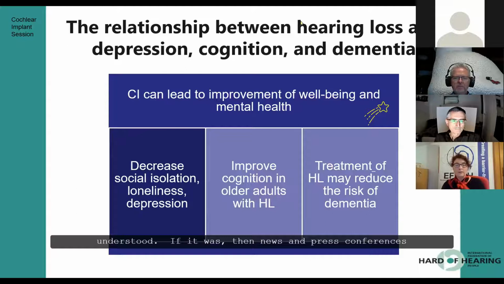If it was, the news and press conferences would have subtitles and speakers would use masks which enable lip reading. And of course, COVID measures that are otherwise required lead to additional isolation. Next slide, please.